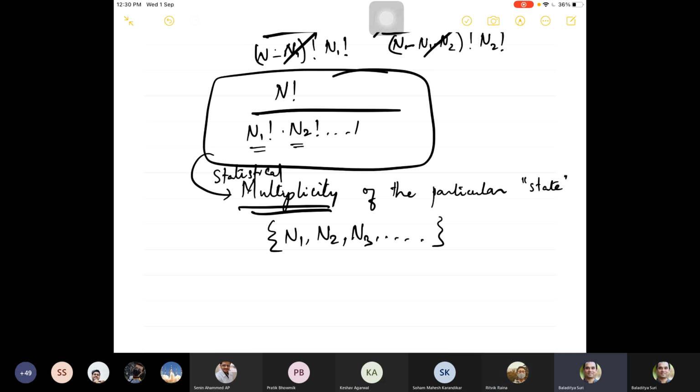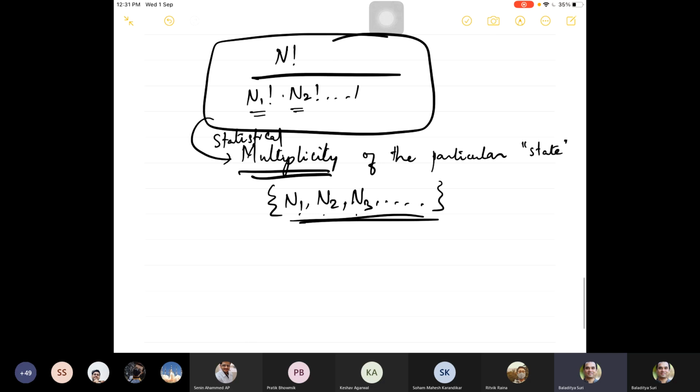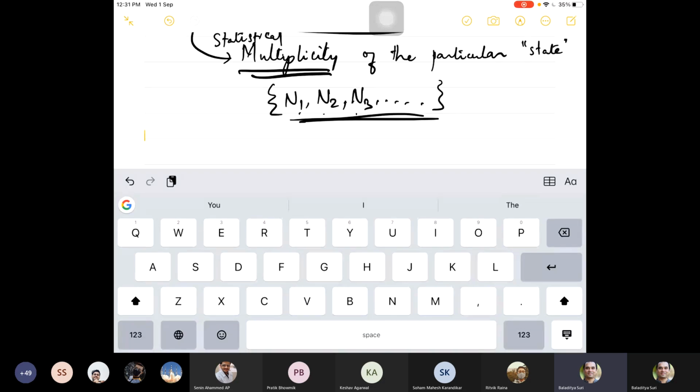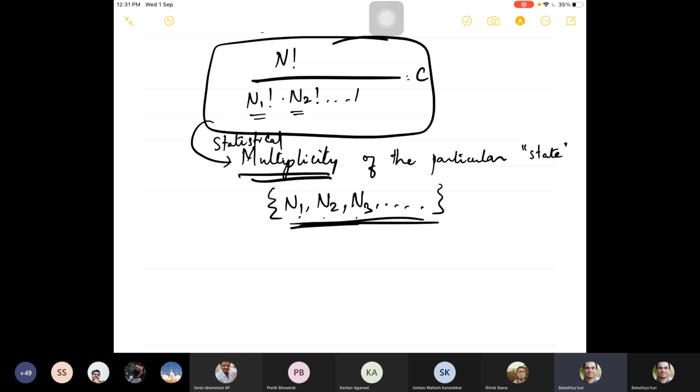So this statistical multiplicity, what we counted here, is in how many different ways we can realize this particular combination of n1, n2, n3, and so on. And what the second law of thermodynamics says, or at least what Boltzmann discovered, was that it is the Kb ln of this, let's call it m.